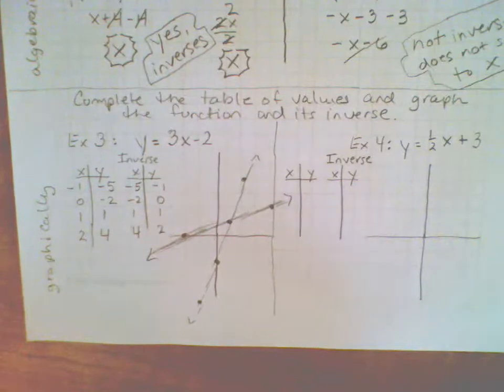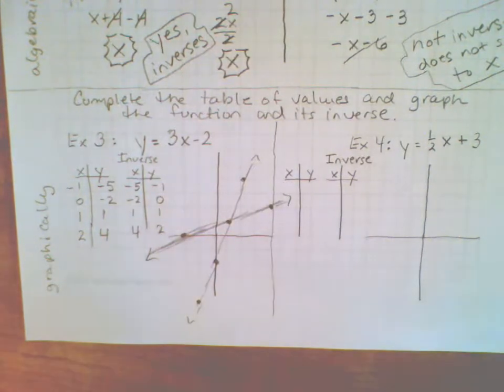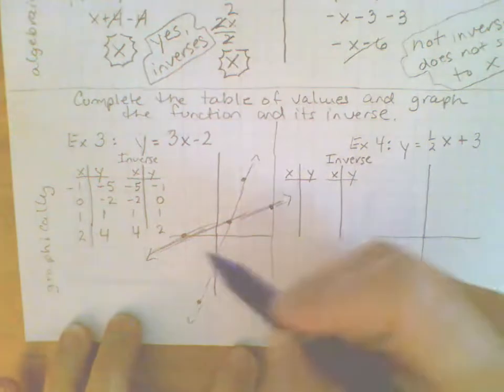Now, I do want to show, because yeah, we've got the graphs. Most likely they're inverses, unless we messed up our switcheroo here. The line of symmetry is y equals x. Okay, that's the line of symmetry if two functions are inverses to each other.